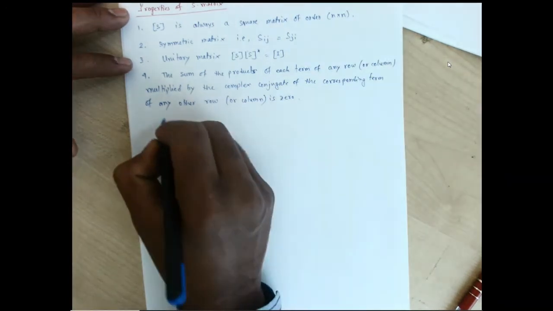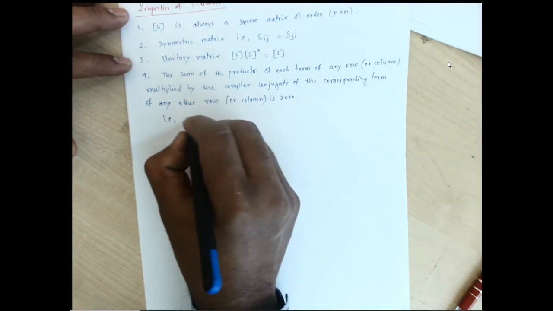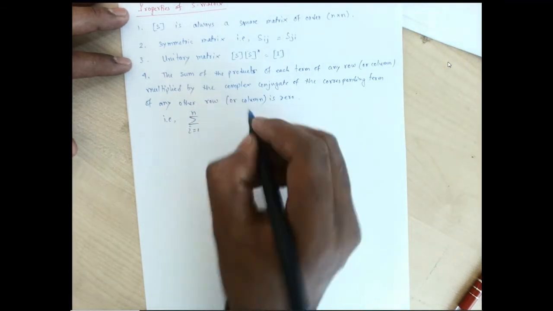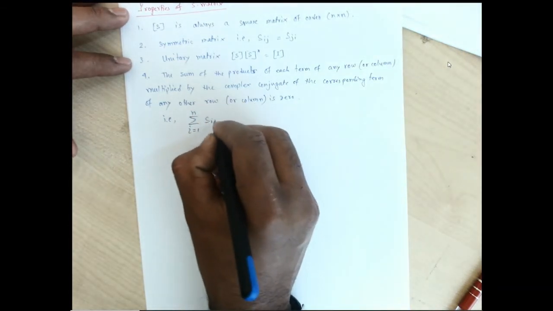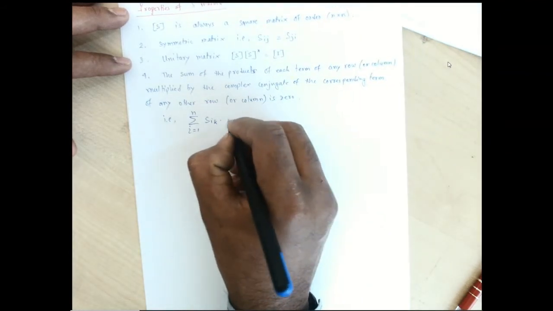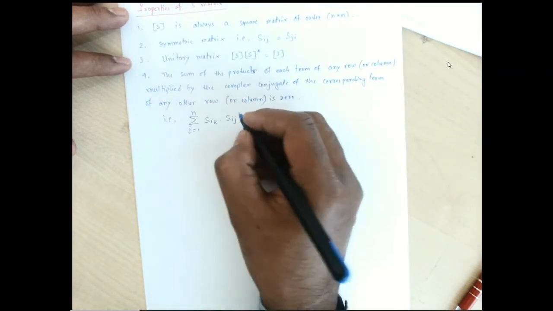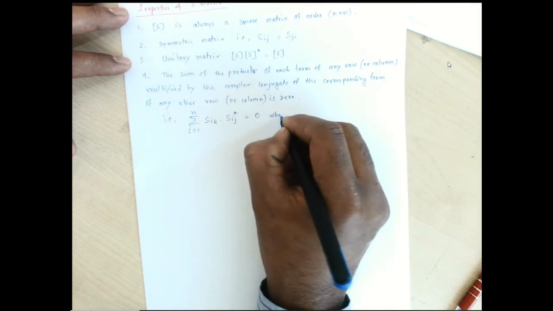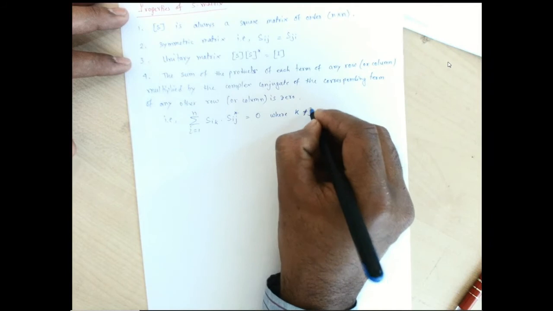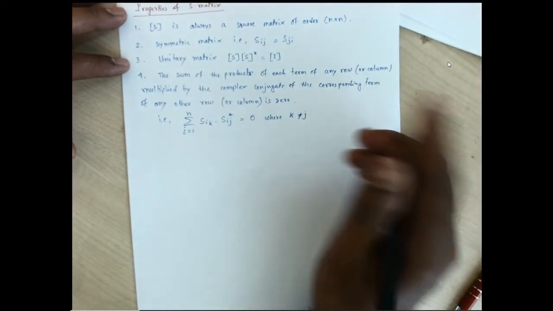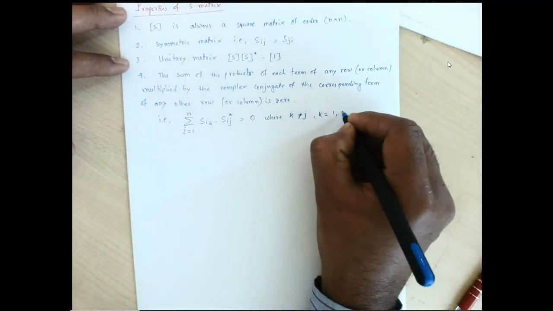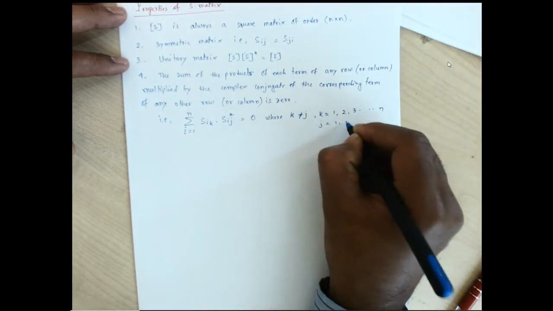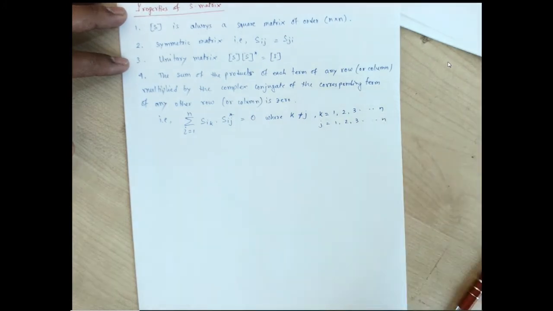That is, summation of i is equals to 1 to n, Sik multiplied by Sij conjugate is equals to 0, where k is not equals to j. K is 1, 2, 3 up to n, same j is 1, 2, 3 up to n.